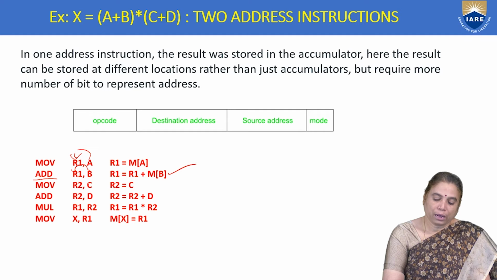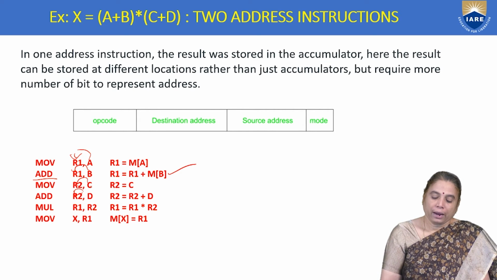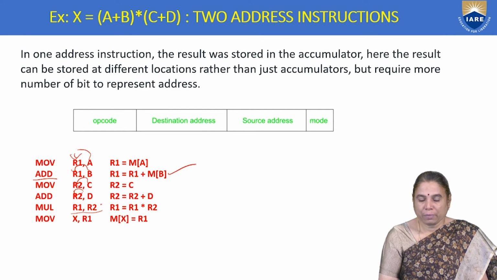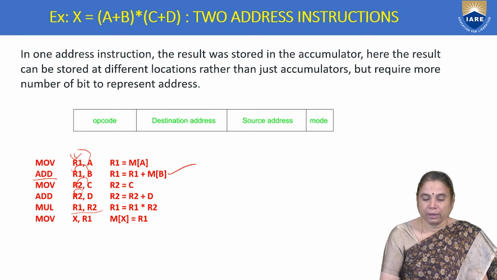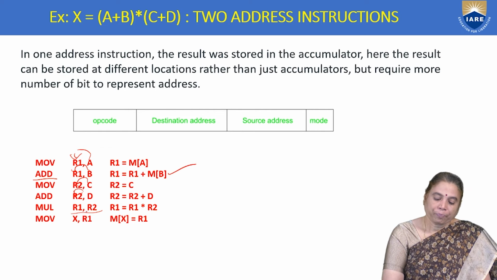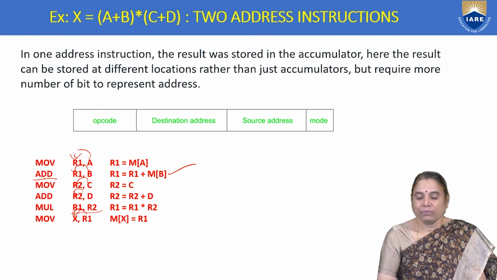Next, move C to R2 and perform the add operation with D, so that C plus D is performed and the result is stored in R2. Then multiplication of R1 and R2: R1 holds the A plus B result, and R2 holds the C plus D result. Both are multiplied and the result is stored in R1 and moved to X. So this is the sequence of evaluation in two address instructions.